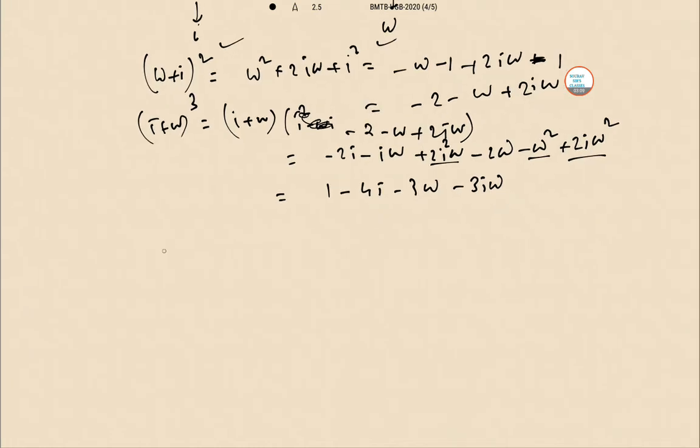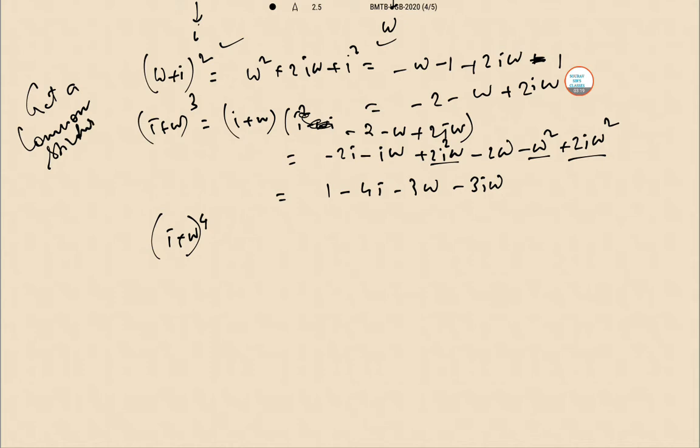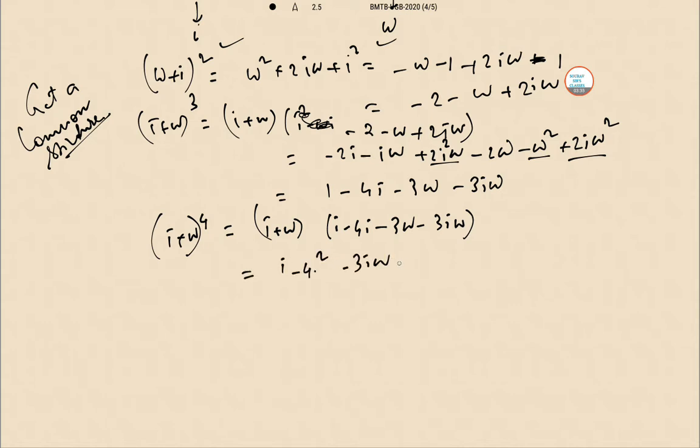Once we get it, we can also calculate i plus omega to the power 4. My point is to get a common pattern, a common structure. So this is also i plus omega times 1 minus 4i minus 3 omega, by the binomial structure. Expanding, i, 4i square, 3i omega, 3i square omega, omega, 4i omega, minus 3 omega square, minus 3i omega square.